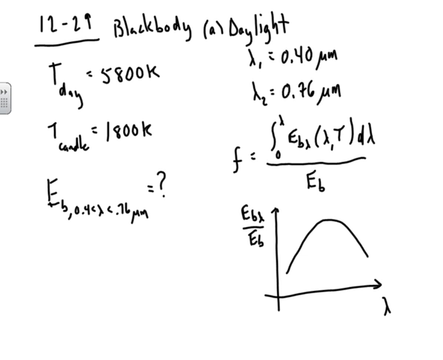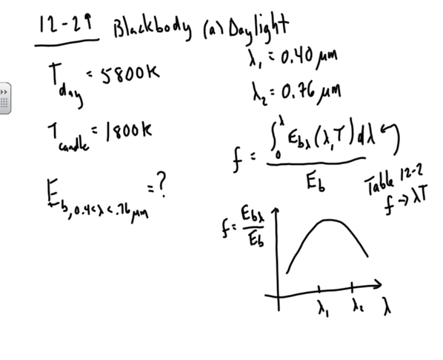And we can go to table 12-2, which does this integral for us, okay? It displays values for little f if we give it values of lambda times the temperature, and it does the integral from 0 all the way to lambda. So let's say we have lambda 1 and some lambda 2.